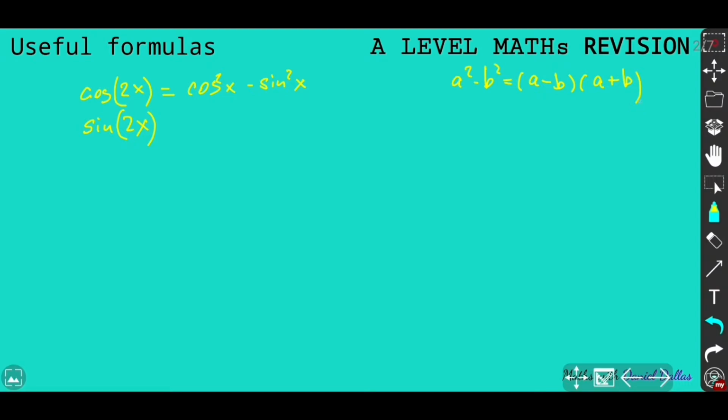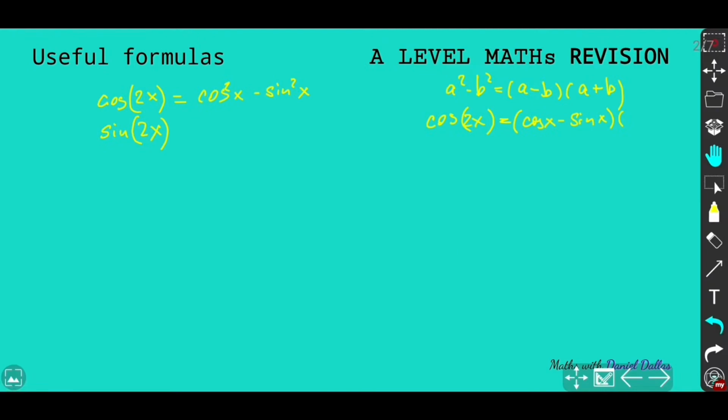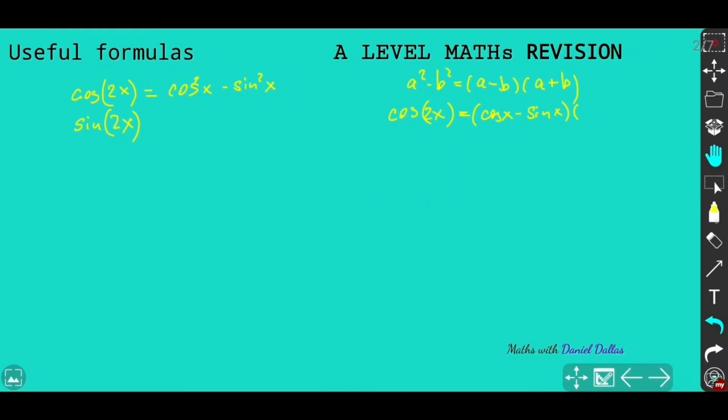I think that's going to be useful somewhere, and that's why cos 2x can also be written as cos x minus sine x times the sum, cos x plus sine x. But this formula you don't need to memorize because you can always derive it, right?